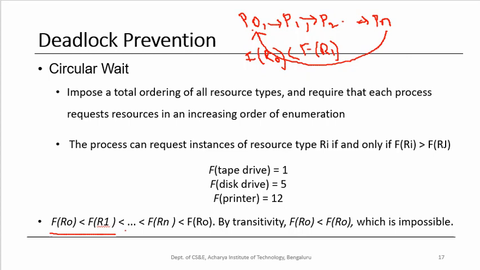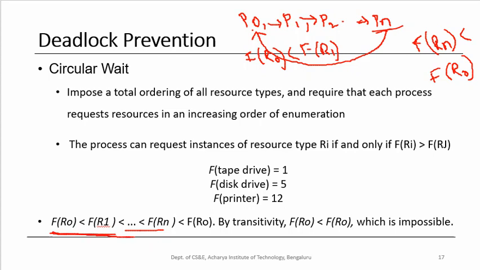Finally, if process Pn has to make a request for a resource which is held by P0, then, assuming Pn holds Rn, f of Rn should be less than f of R0. Only then is process Pn allowed to make a request for a resource which is held by P0.